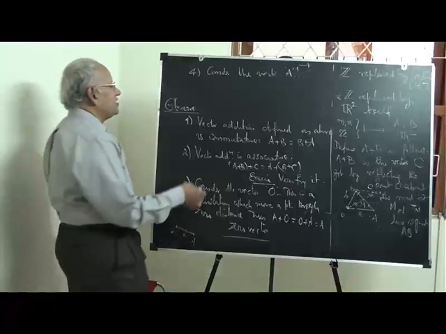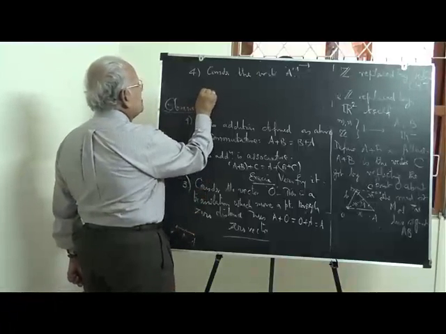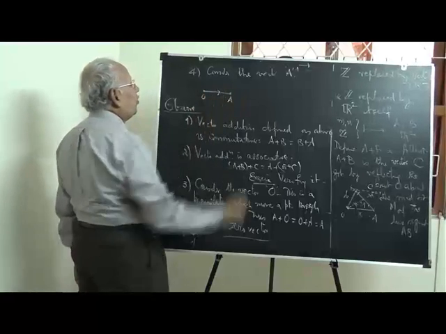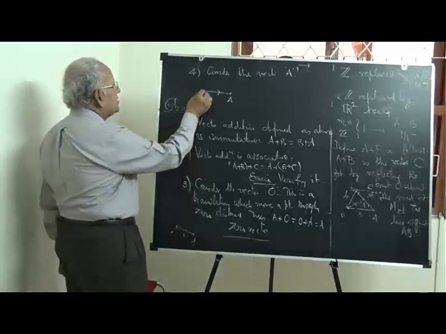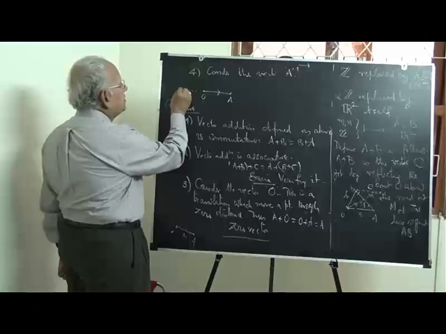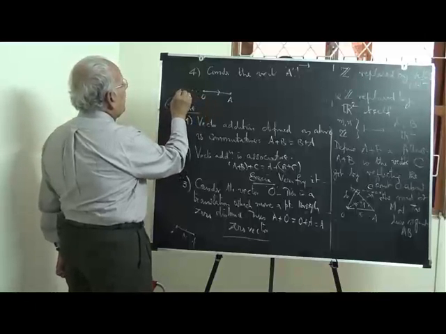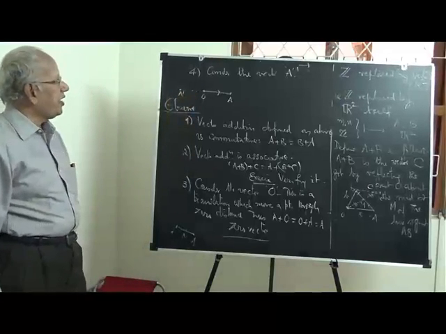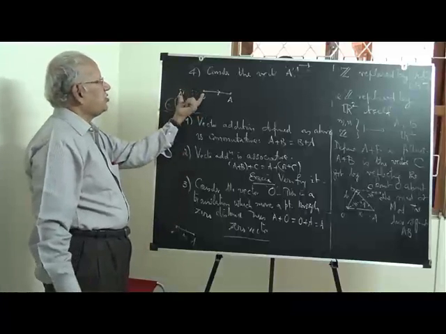So what I can do is, I have fixed O, and actually this is your vector OA, the vector A. Now, look at the same line in the other direction. We'll call this A prime for a moment. So how do you get A prime? On the straight line OA, on the other side, at the same distance.